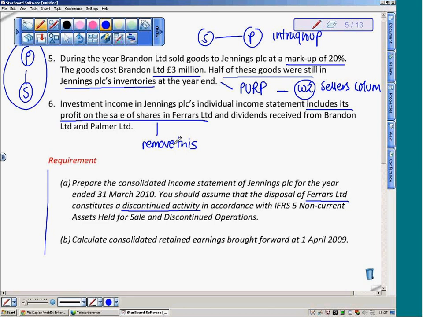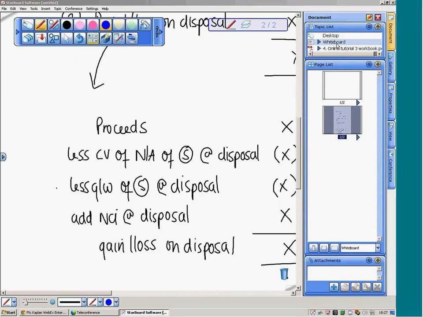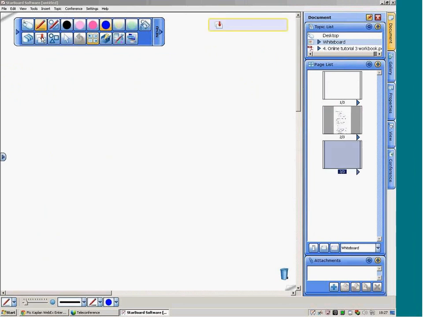It also includes the dividends received from Brandon Limited and Pound Limited. Again, we're thinking about some intra-group adjustments here. Having spent time actively reading the question, picking out the key bits of information, what I'm going to do on a separate page is work through this with you.